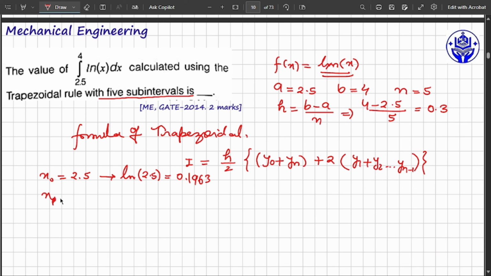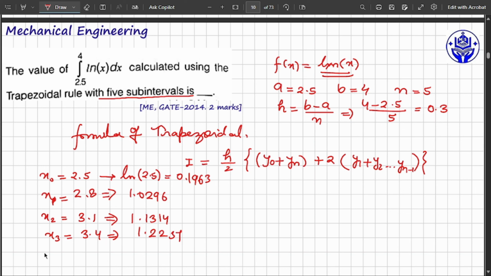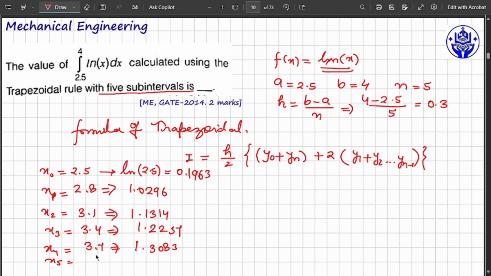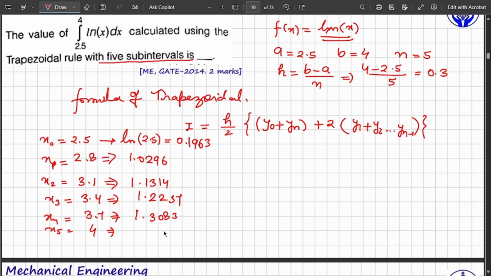Similarly at x1, which is 2.8, the value is 1.0296, and at x2, which is 3.1, the value is 1.1314. x3 equals 3.4 and the value of the function is 1.2237. x4 equals 3.7 and the value is 1.3083, and x5 equals 4, the last point, and the value is 1.3863.